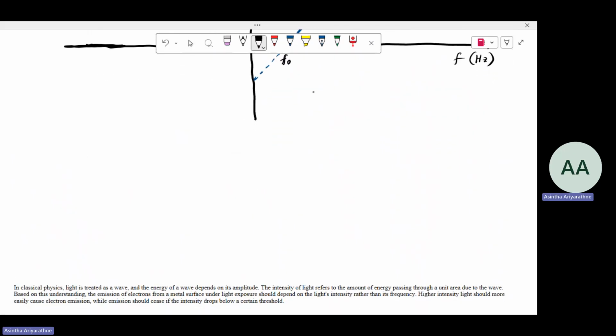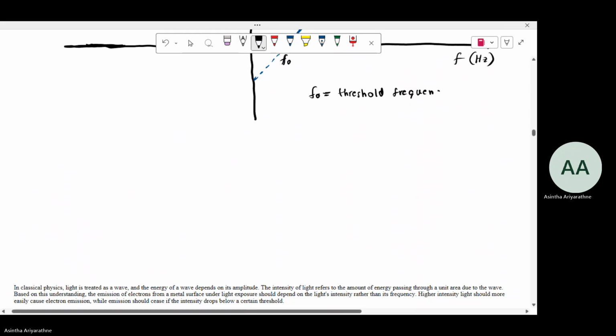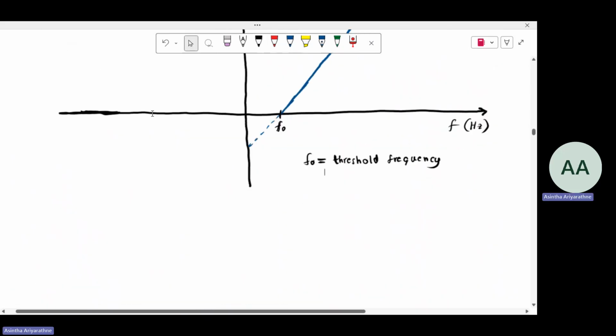So f naught is called the threshold frequency.